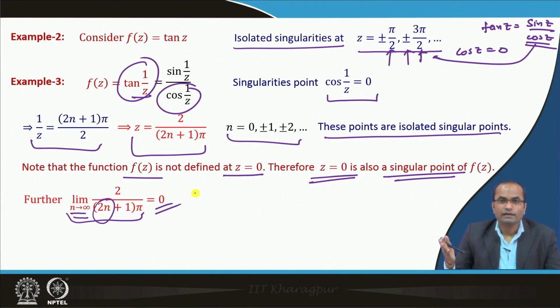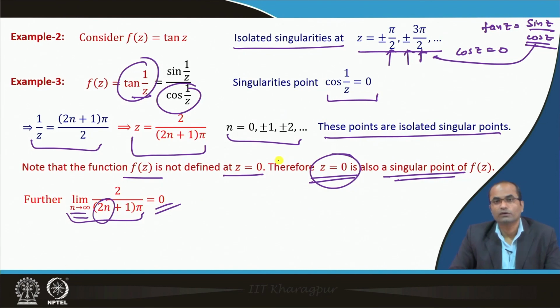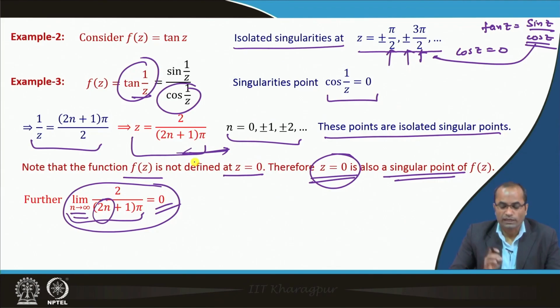So for large n, we are basically approaching 0, and 0 is also a singular point. So in whatever small neighborhood we take about z equal to 0, there will be a singular point coming from this sequence of points. So, that is the difference.